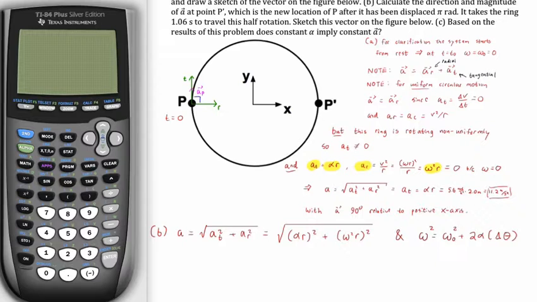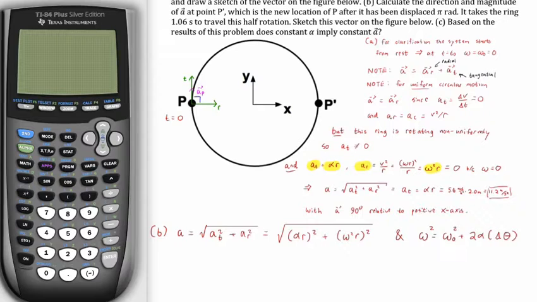And it's the best fit for this particular question because we don't know how much time, we could find out, but we don't need to know how much time it takes for P to become P prime. But we know the actual angle that's covered, which in this case is going to be pi, because it goes a distance of pi from here to here. And it all has to be in radians.